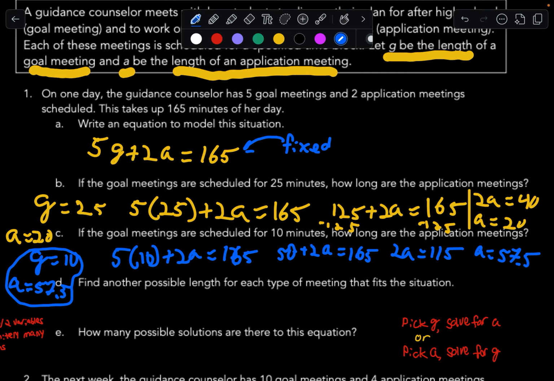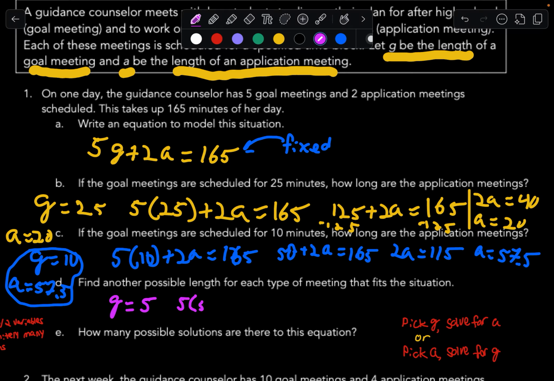Now, find another possible length for each type of meeting that fits this situation. In other words, you are free to choose. The easiest way to do this would be to say, okay, let G equal 5 minutes, and then just go through the steps.